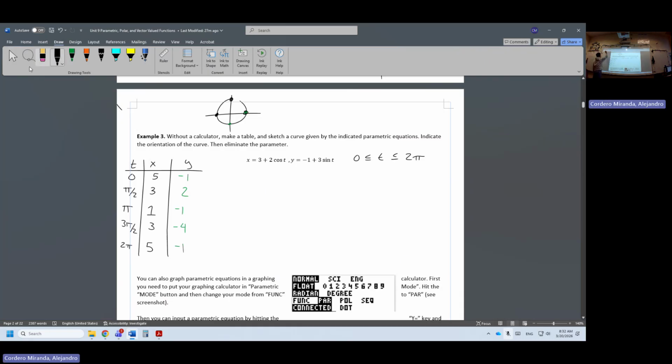Then here's us graphing this one. We go 3, 4, 5, and then negative 4 to 2. That's not bad. Okay. 1, 2, 3, 4, 5. And then negative 1.